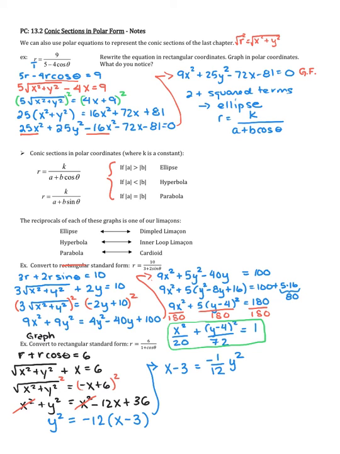So that is a sideways parabola. So I know that my vertex is at 3, 0, and I know the p-value here, remember 1 over 4p, is going to be negative 1/12, so p is negative 3.